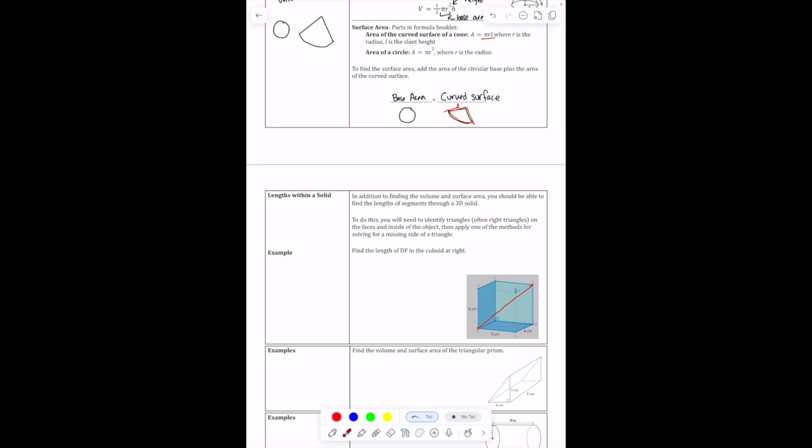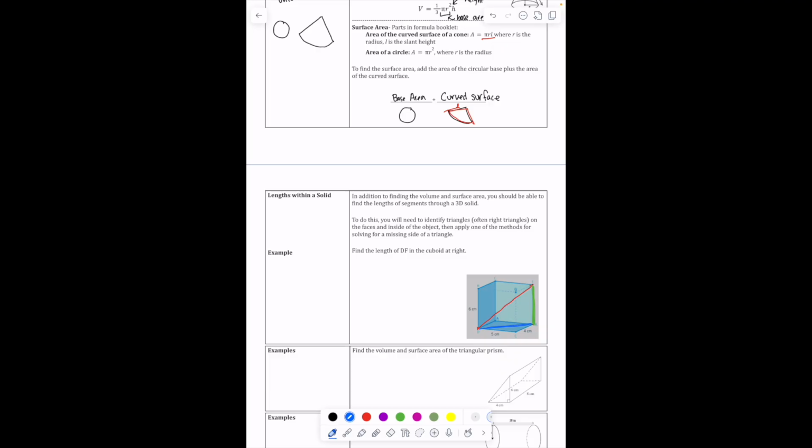So, for example here, if we take a look at the transversal we've got right here, we've got a diagonal running through our entire shape, and then it forms a right triangle here where this right here would be one leg, and this right here would be another leg.